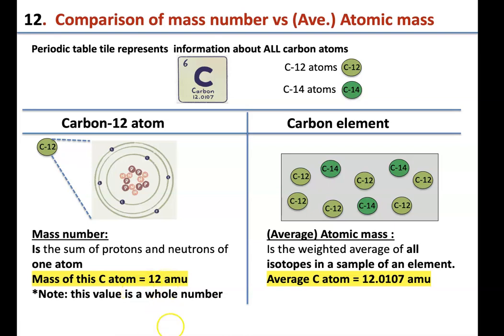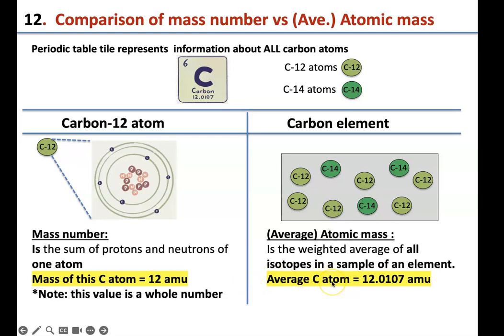This value is a whole number, but if you look at this carbon element sample with more C12 than C14, your mass is going to be closer to C12 because it's the most abundant one. The weighted average of all the isotopes in this element will be equal to the average atomic mass of this element.